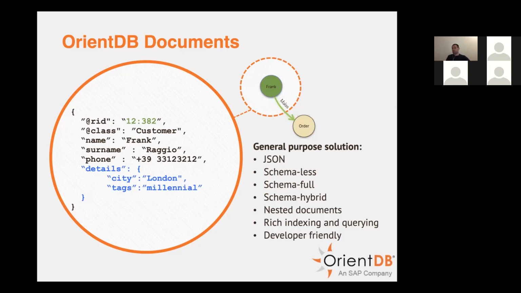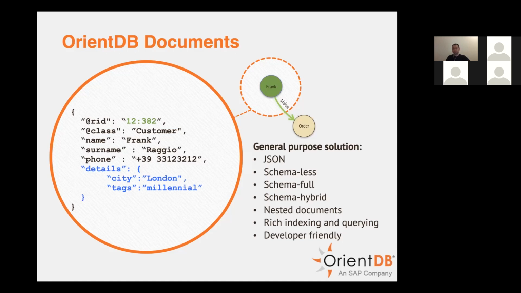That could be a collection of strings or a collection of numbers, but it can also be an embedded document. So documents that contain other documents in a nested structure, and collections of documents, as deep as you want. So you're not limited to a single level or to two levels. You can have multiple nesting levels.